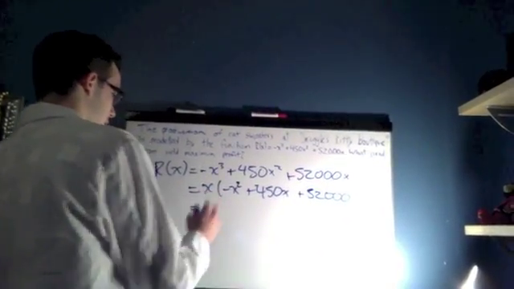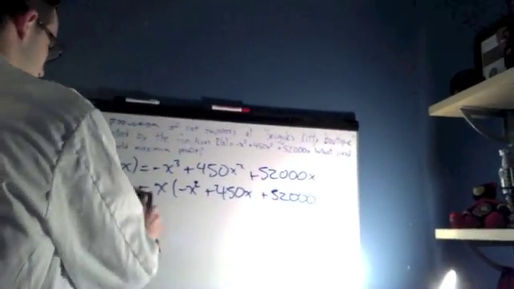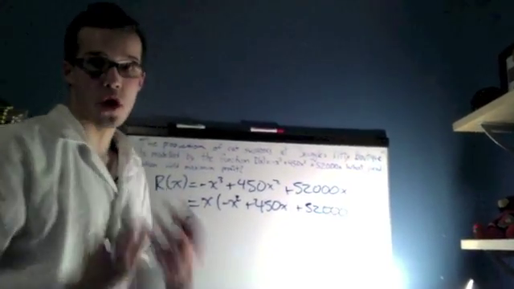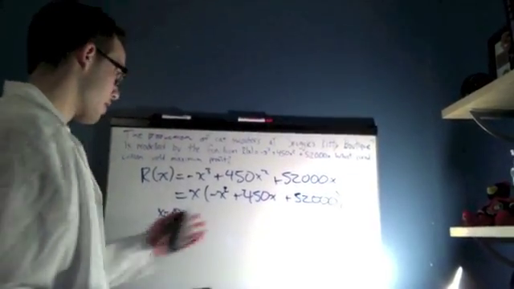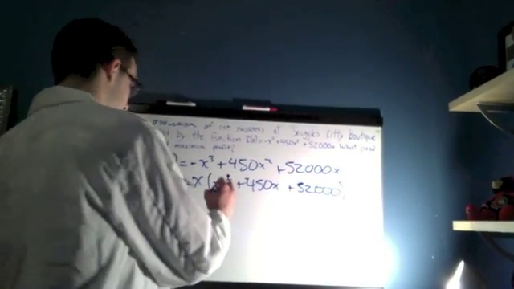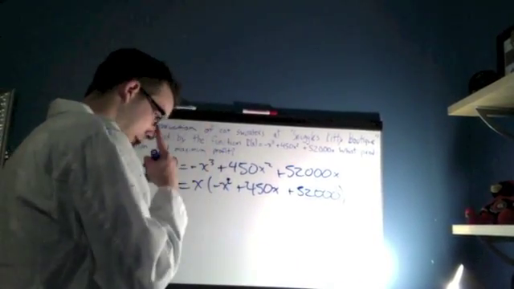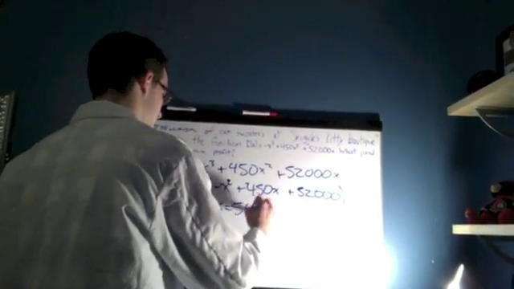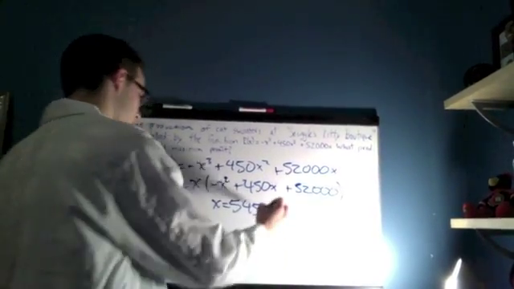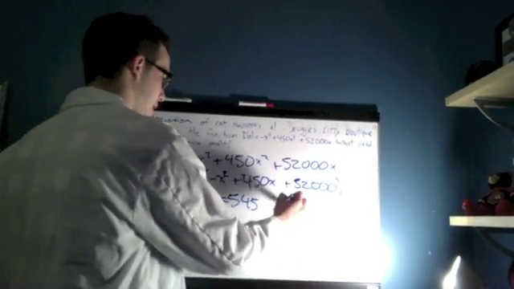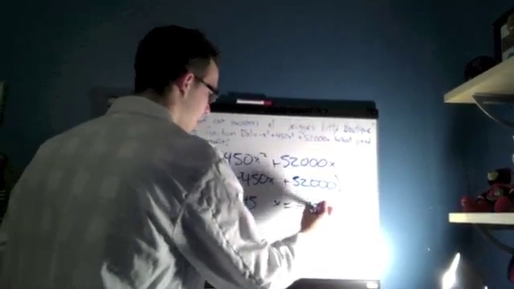Okay. So we know that this x here will be 0, so that makes sense. So if we start from no cat sweaters sold, I've already solved this. For the sake of making this video as short as possible, I've already calculated the other zeros for this question. If you were to factor this using just simple factoring, you would get one value of x equaling 545 and another x value equaling approximately negative 95.